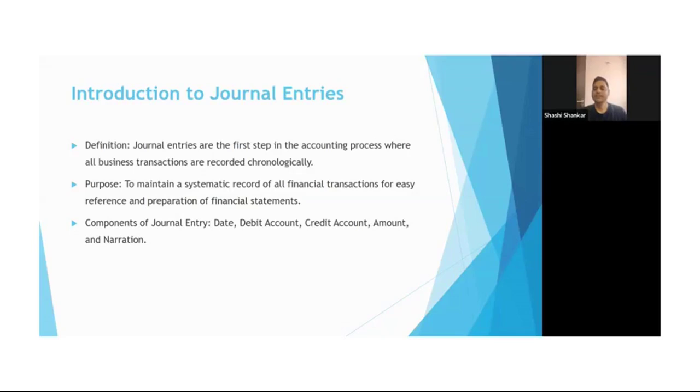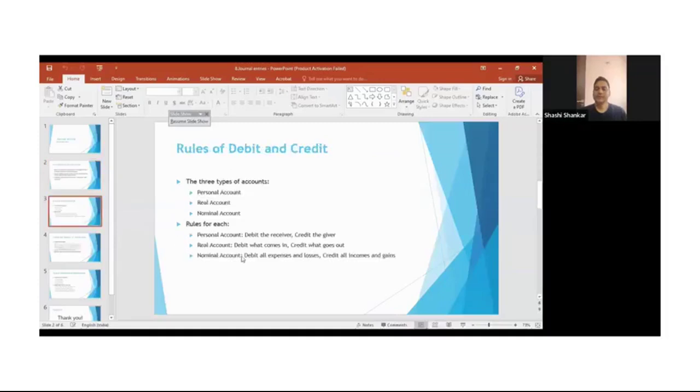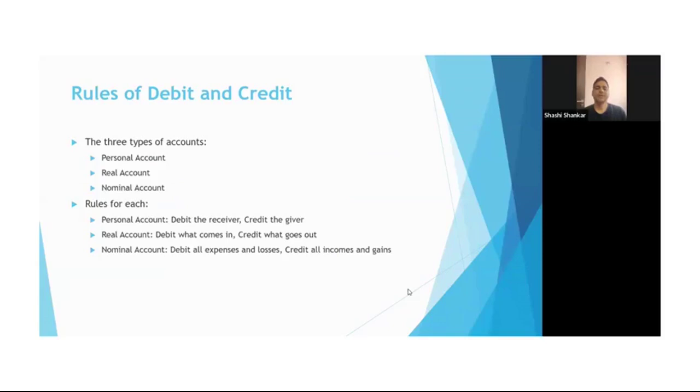All right. Now moving to the next, that is the rules of debit and credit. As I mentioned, each and every transaction is classified into three accounts: personal account, real account, and nominal account. It is the classification of accounts at a broader level.